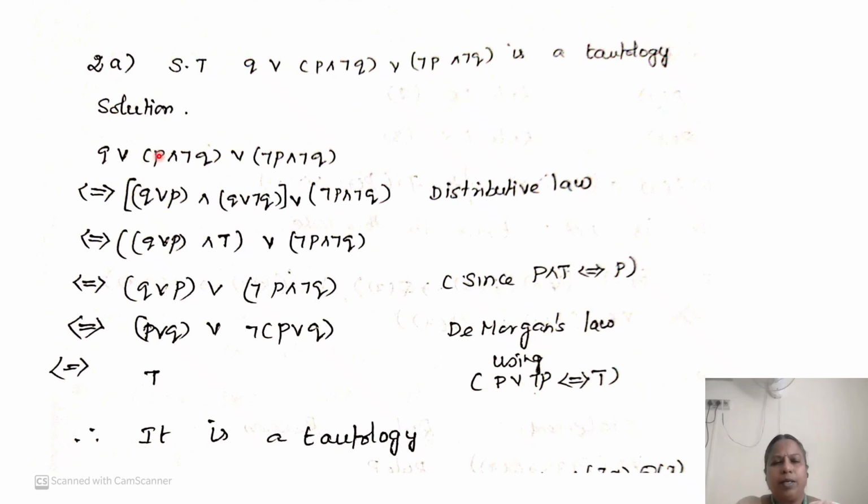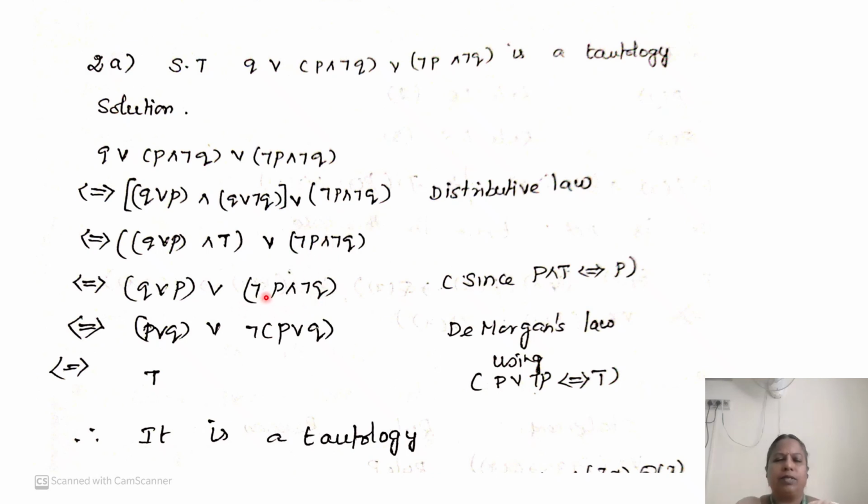Now we can see that applying the distributive law for the first two terms, Q ∨ P and Q ∨ ¬Q, we take the third statement as it is. And Q or P, and we know that Q or ¬Q is true, or ¬P ∧ ¬Q. And we know that P ∧ T is P. So here (Q ∨ P) ∧ T is there. Therefore, we write it as (Q ∨ P) ∨ (¬P ∧ ¬Q) as it is.